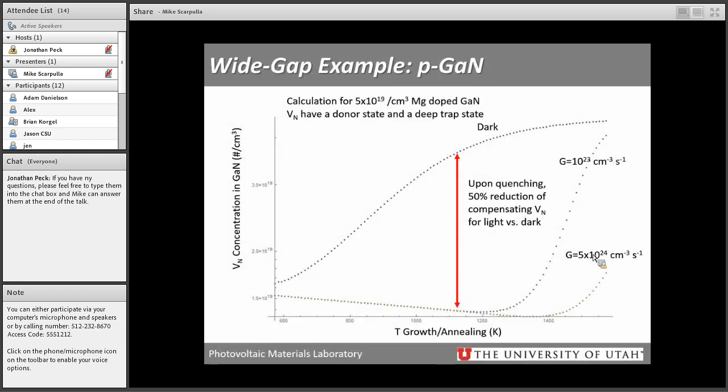We're in the process of running other calculations. Here's one for gallium nitride, and the result is summarized that if you anneal or grow gallium nitride in the presence of photocarriers or light-generated carriers, you can actually suppress the concentration of compensating nitrogen vacancies and thus get more effective p-type doping in this case.